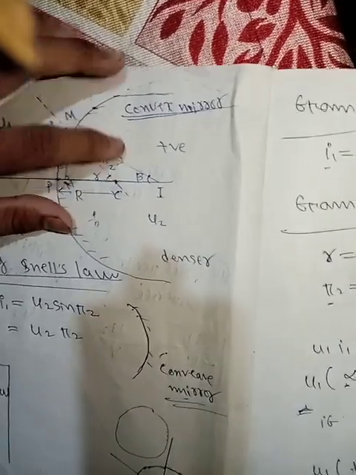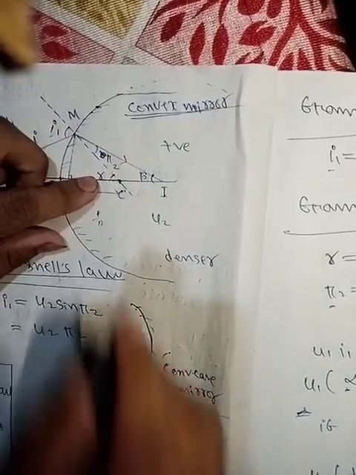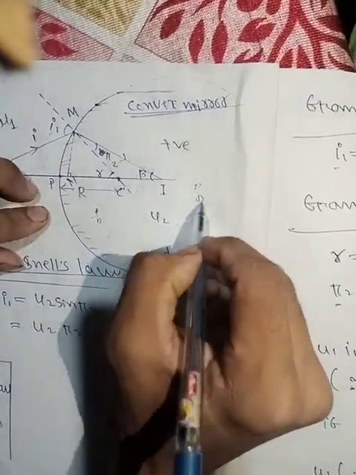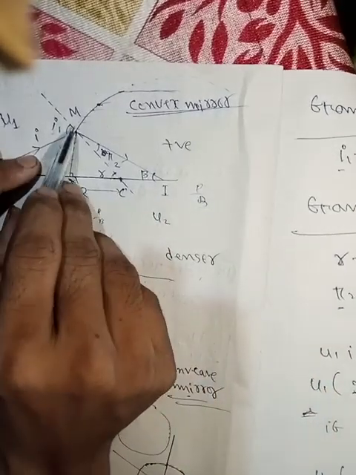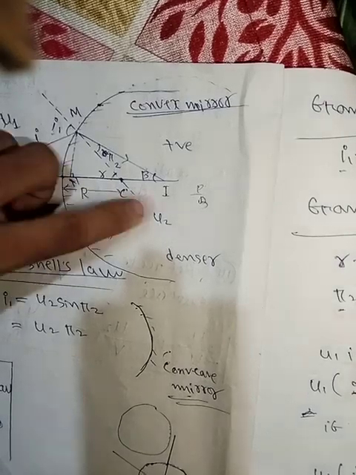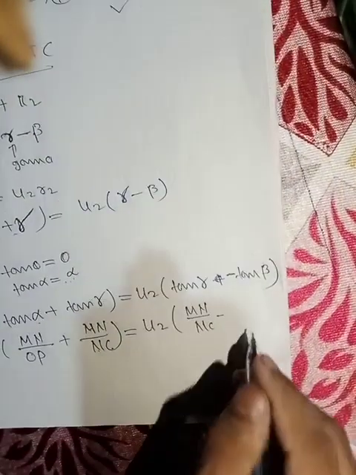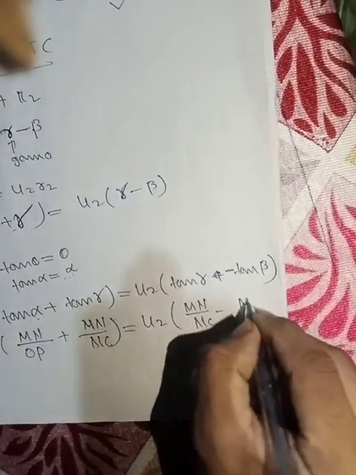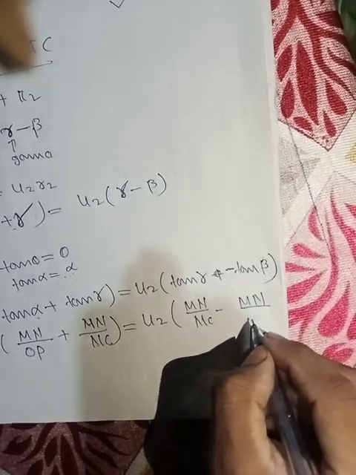You can see here gamma. Tan gamma is perpendicular by base. Here the perpendicular is MN and the base is NI. So MN divided by NI.